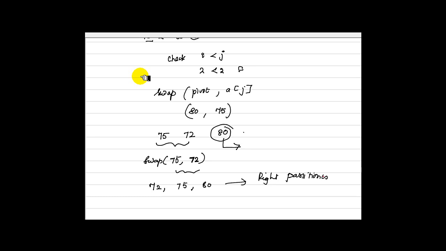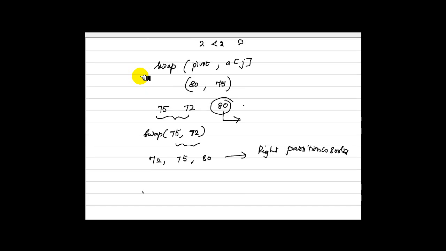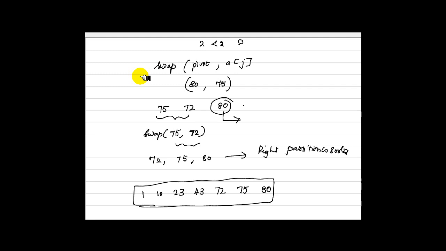And hence our sorted array is 1, 10, 23, 43, 72 and 75. The last element will be 80. Thus we have implemented our quick sort using this example.